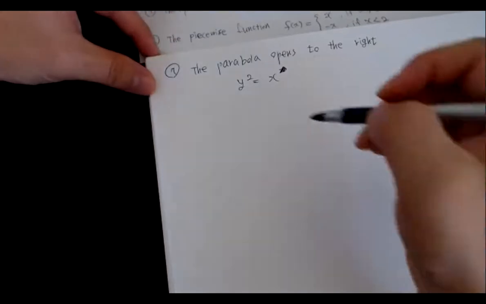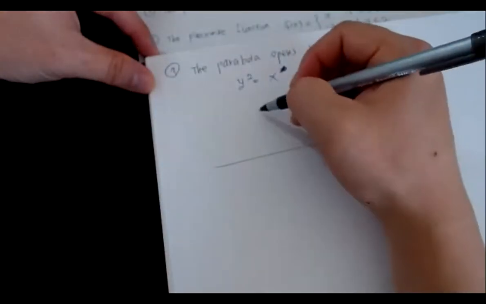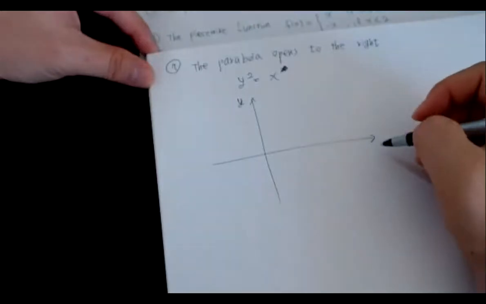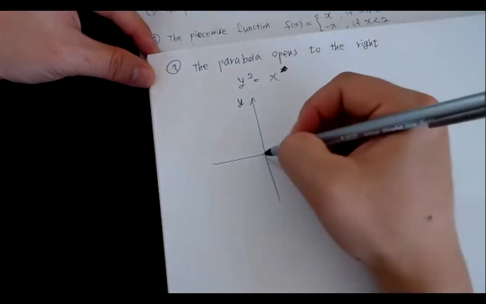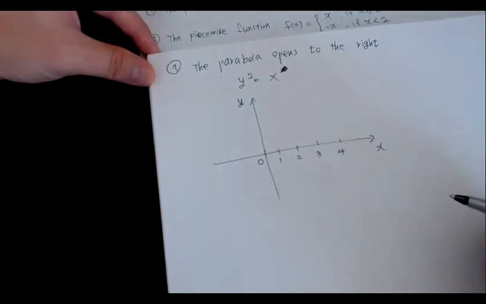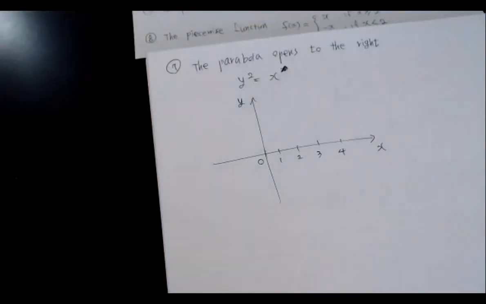Let's figure out the graph of that region, when x equals 0 and then 1 and 2 and 3 and 4. I'm not going to give the graph, but let's try to figure out the graph by figuring out the y value for each specific x value.